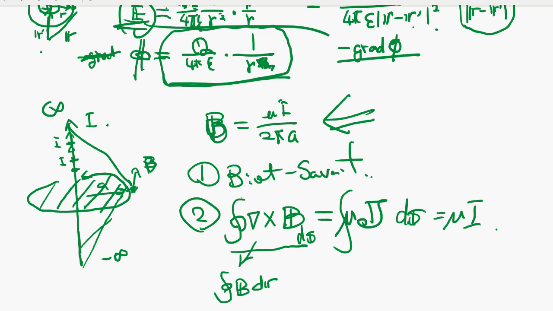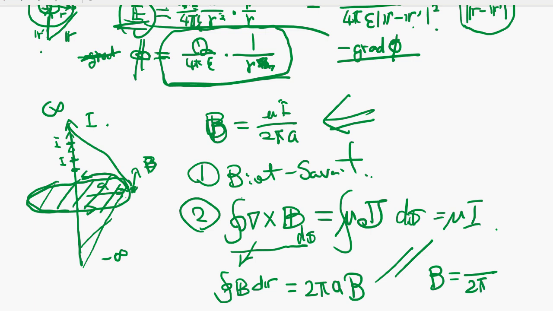And along with this, and this is constant because it's symmetric, so it's going to be 2 pi a B. So B equals mu I over 2 pi a. Okay, so we got this one.